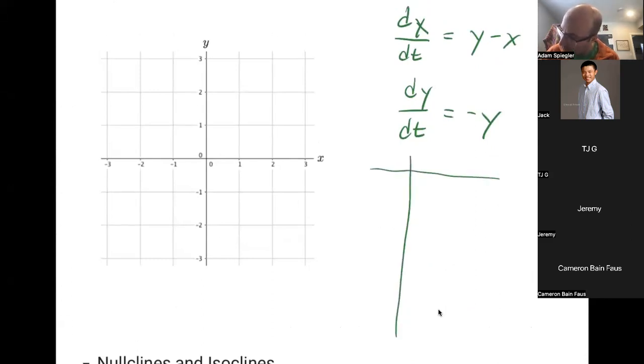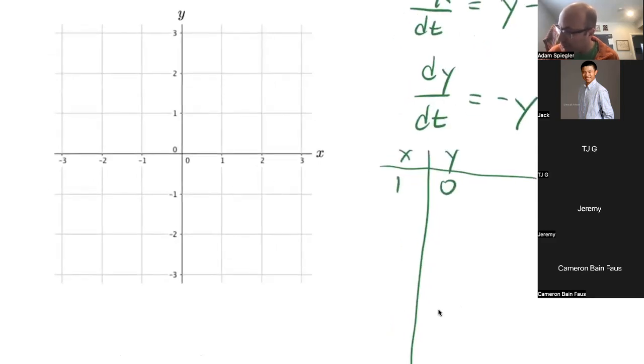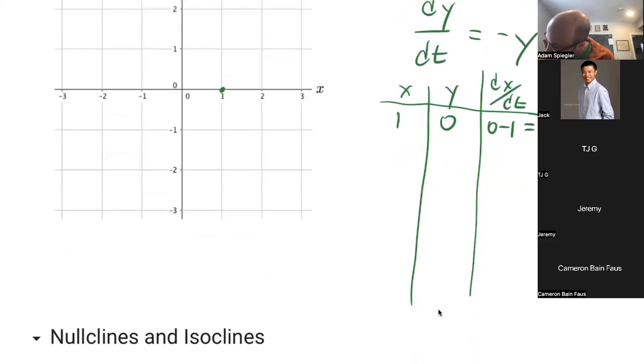For example, let's think about what is happening at the point (1, 0), when x is 1 and y is 0. I can use these differential equations to figure out that dx/dt is going to be 0 minus 1, which is minus 1. And dy/dt would be minus 0, which is 0.